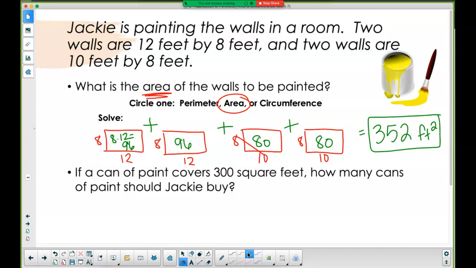Okay? Now, you have to buy enough paint. So you go to the paint store, right? You go to Menards or Home Depot, wherever you're going to buy your paint. And a can of paint covers 300 square feet. How many cans of paint should you buy? How are we going to figure out how many cans of paint we should buy?